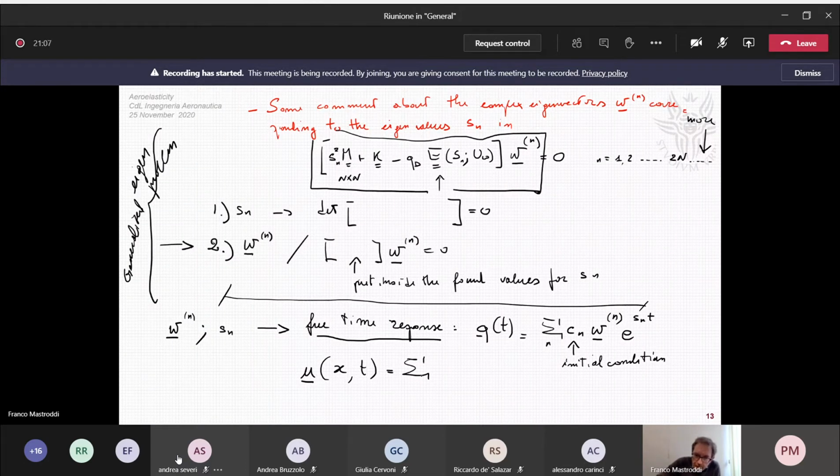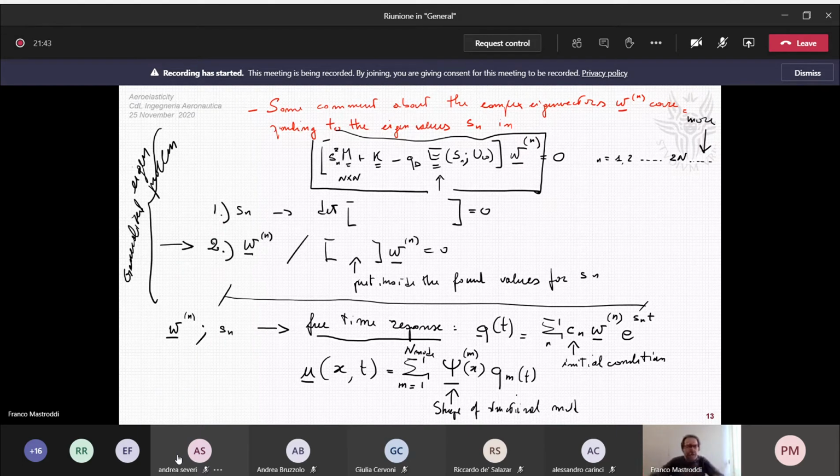So these are the structural modes, using another index like M from 1 to the number of modes. You have to sum the structural modes, which are your shape functions, multiplied by this time quantity obtained by the free response Q as a function of t.